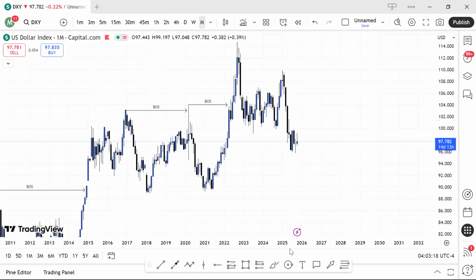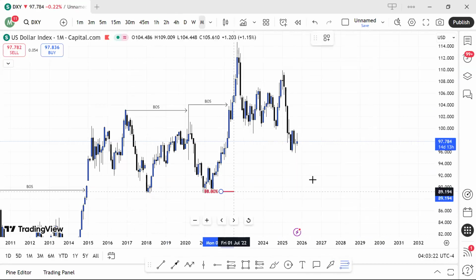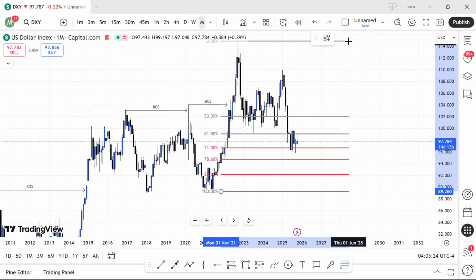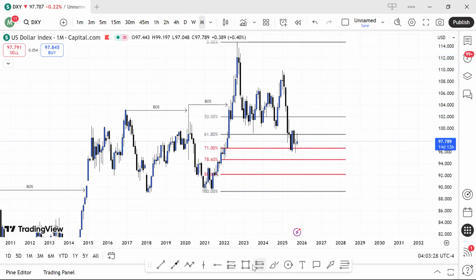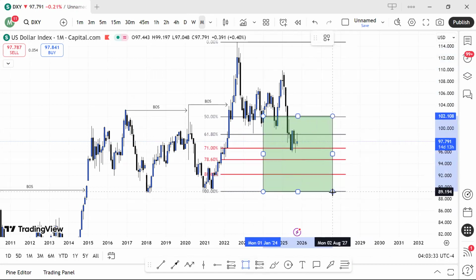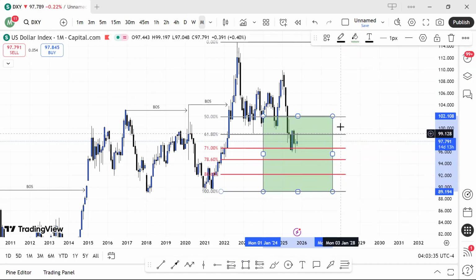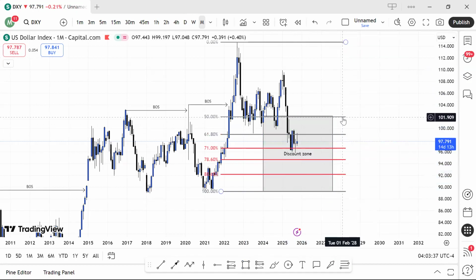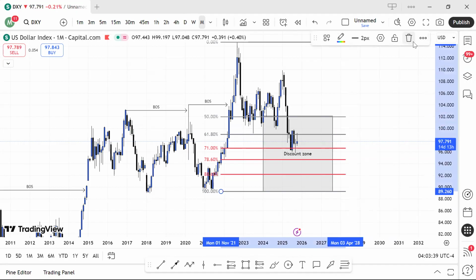If I measure this trading range from the bottom here to the upside, then you can see that the market has come within my 50% fib level, which is my discount zone. And the discount zone is where we buy from.